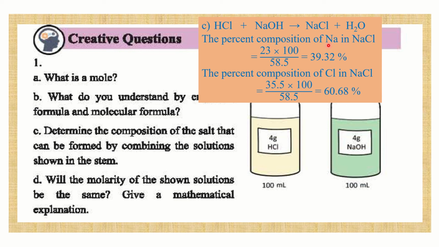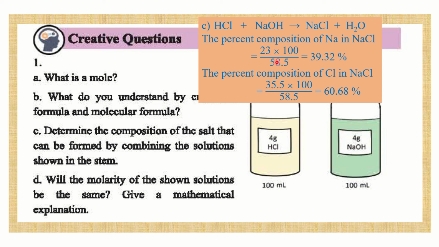So in sodium chloride there are two atoms, sodium and chlorine. We will find out the percent composition of both atoms. You know the way. The molecular mass of sodium chloride is 58.5. So the percent composition of sodium in sodium chloride is, there is only one atom of sodium and the atomic mass of sodium is 23.